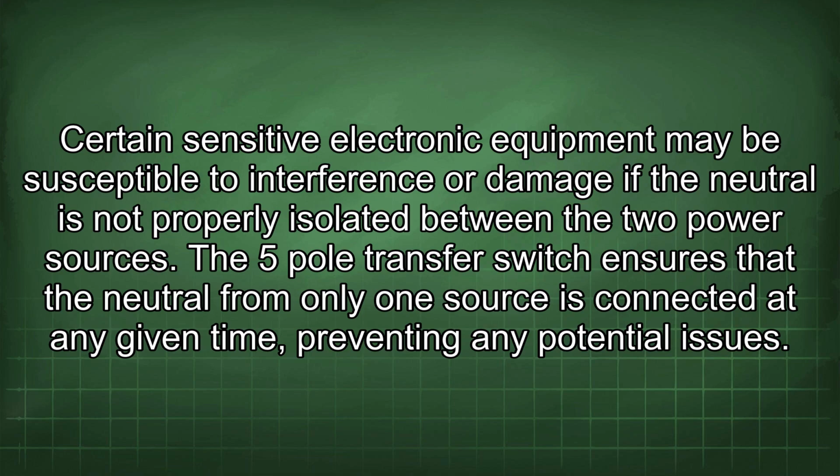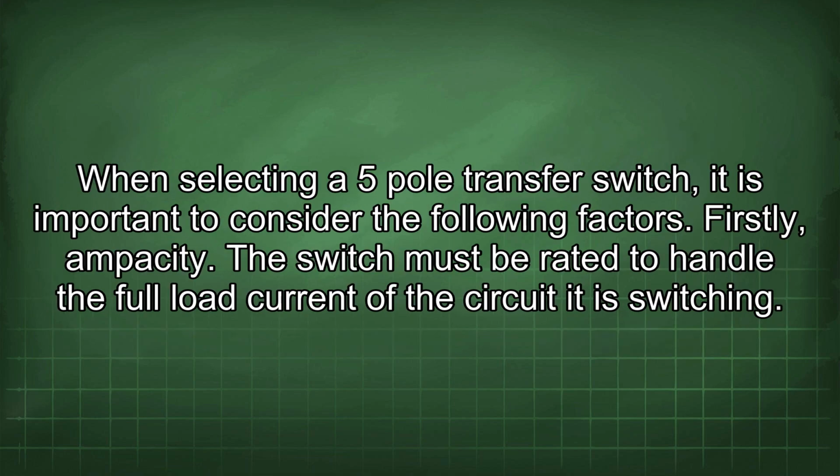Certain sensitive electronic equipment may be susceptible to interference or damage if the neutral is not properly isolated between the two power sources. The 5-pole transfer switch ensures that the neutral from only one source is connected at any given time, preventing any potential issues. When selecting a 5-pole transfer switch, it is important to consider the following factors.